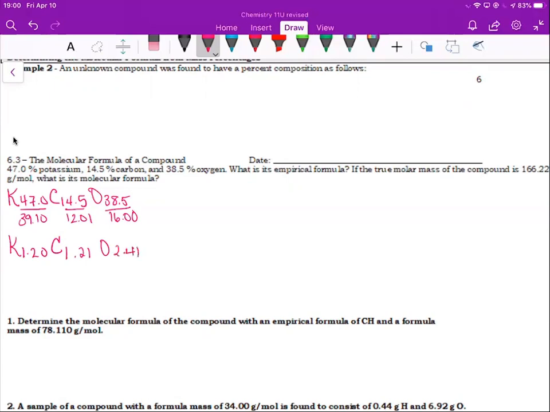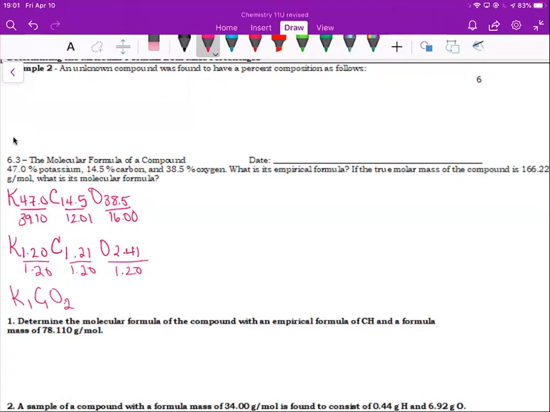Just looking at that, 1.2 and 2.4, they're doubles of each other. So even though I'm going to divide everything by 1.20, I know that potassium is 1, carbon is 1, oxygen is 2. So I'm able to find the empirical formula.